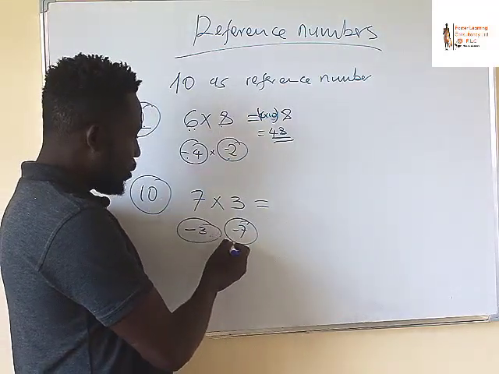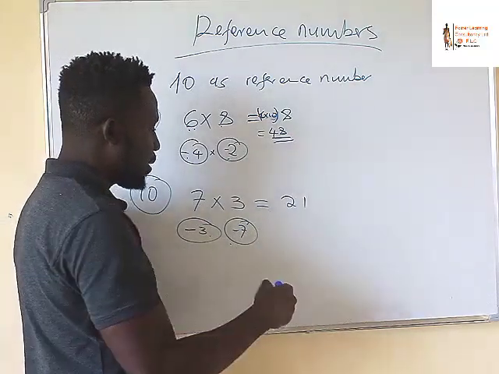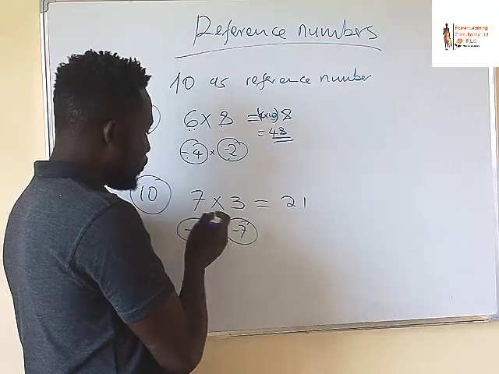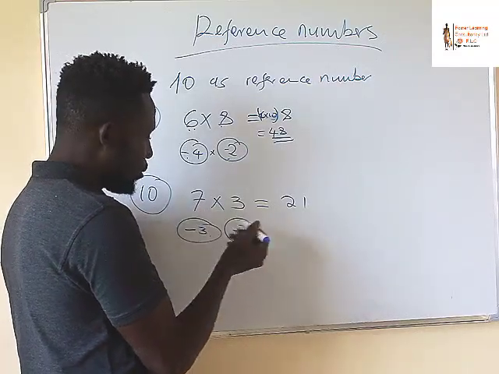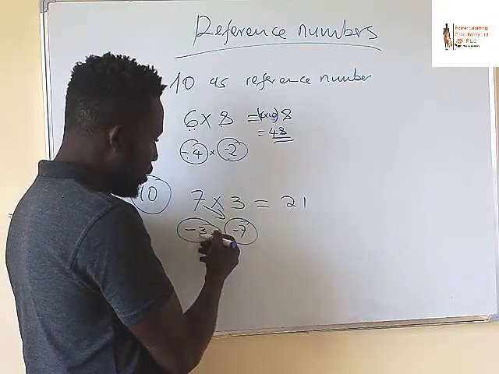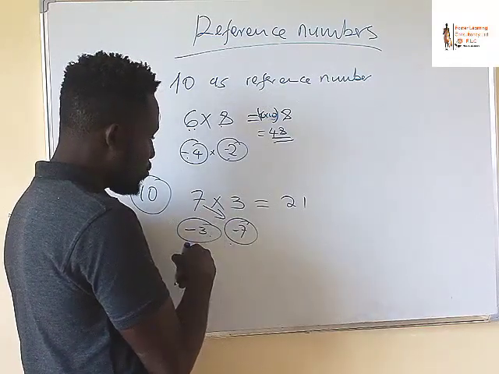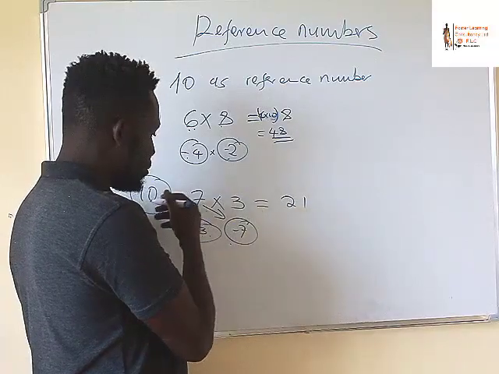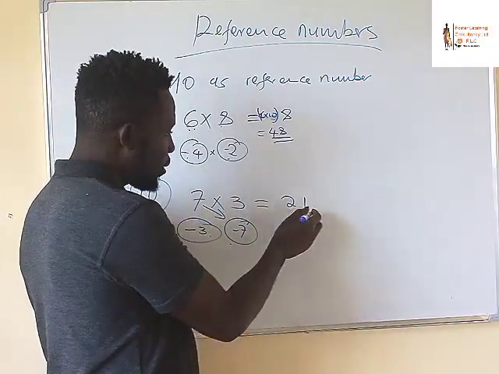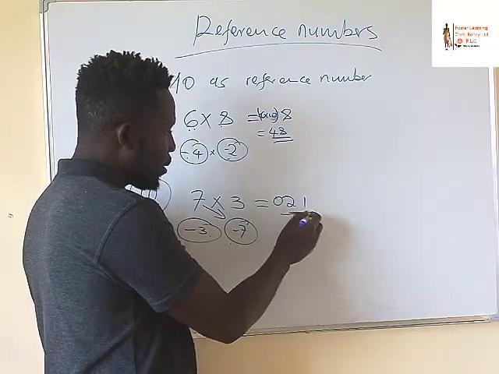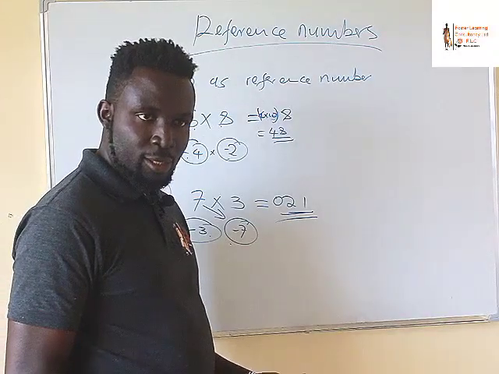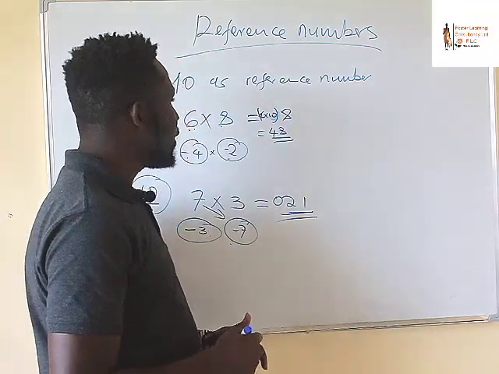We multiply the two, so we have 21. That becomes the last part of the answer. Now, we want to subtract either along this diagonal, 7 minus 7, or 3 minus 3. So there is 0, because then 0 times 10, we have 0. So our answer becomes that one. Easy. Yeah? So that one becomes easy.